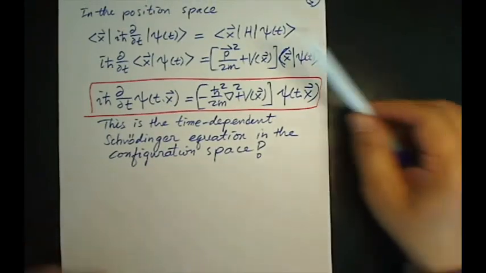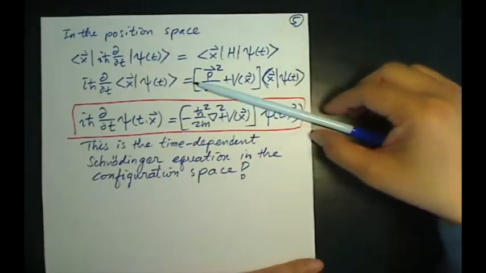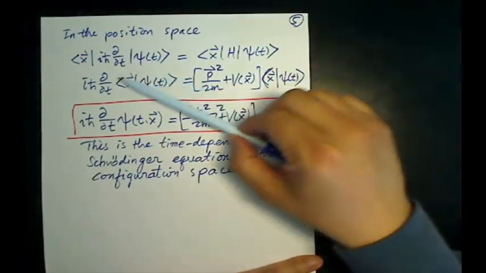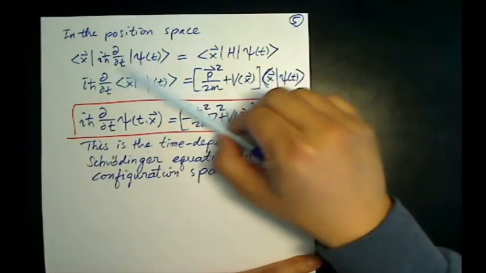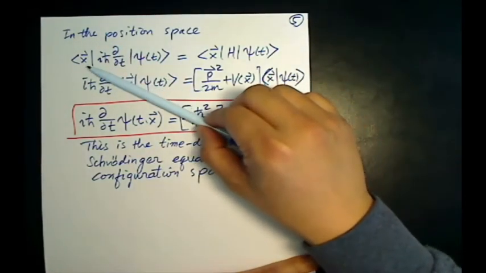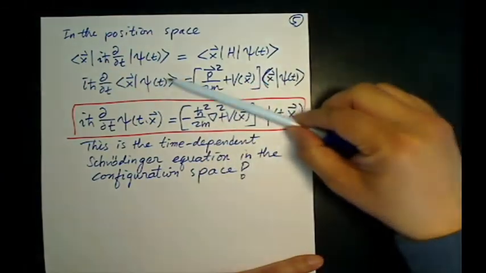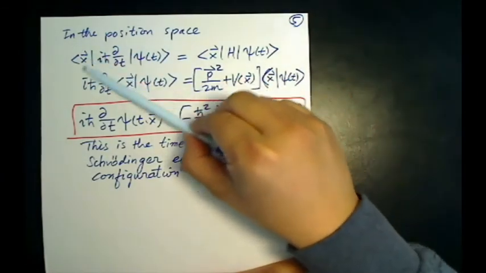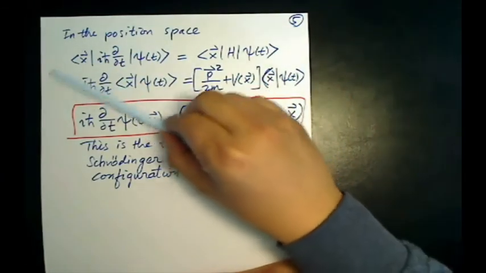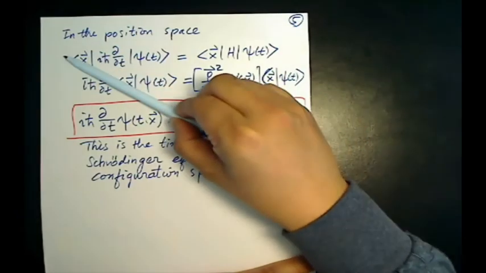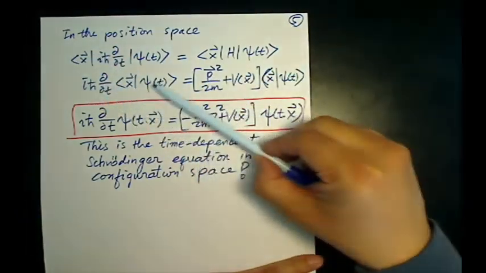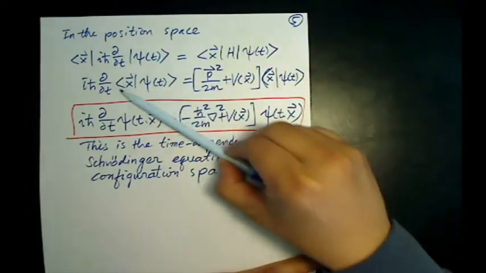Alright, so in position space, the state ket at time t has this kind of form. The projection onto x space gives, because there is no time dependence in the coordinate ket, we can pull this derivative outside, and this is the wave function at time t.